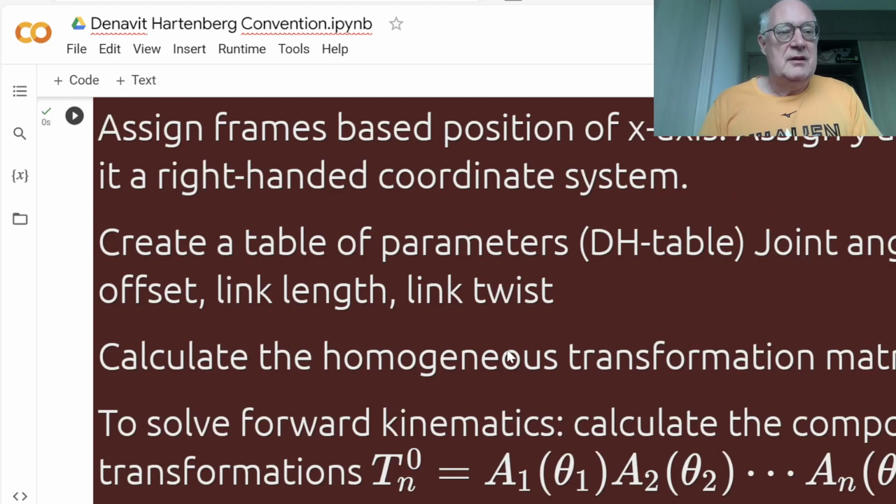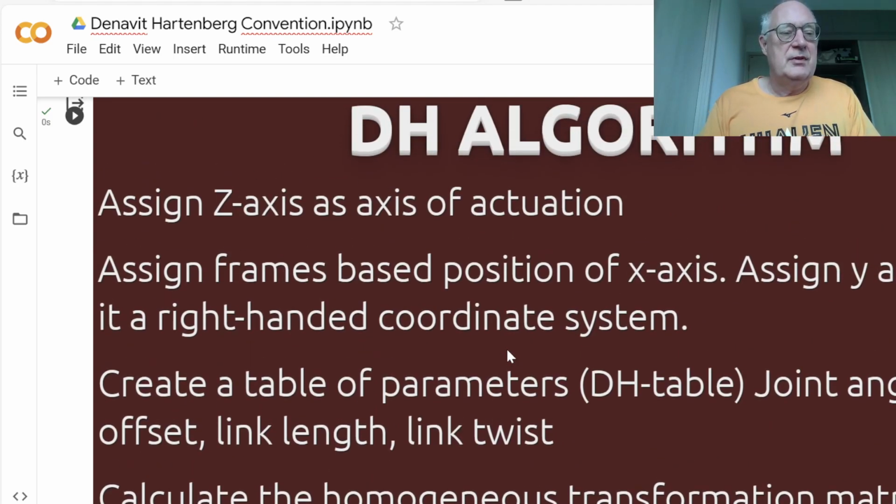So here's the Denavit-Hartenberg algorithm. We assign the z-axis as the axis of actuation for our robot. Then we assign the frames based on the position of the x-axis. Then we assign the y-axis to make it a right-hand coordinate system for each joint, for each frame.